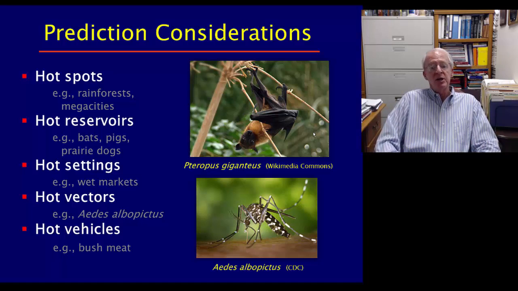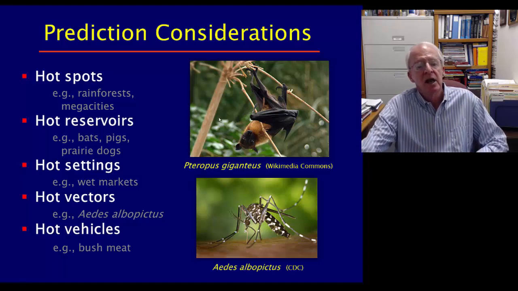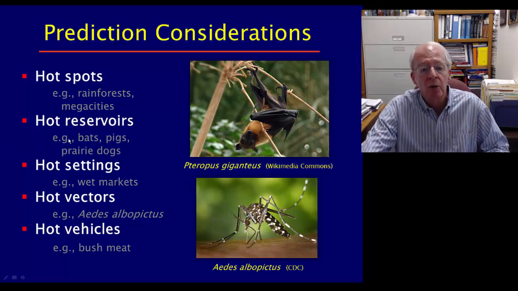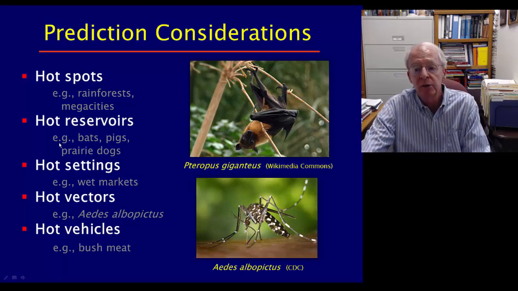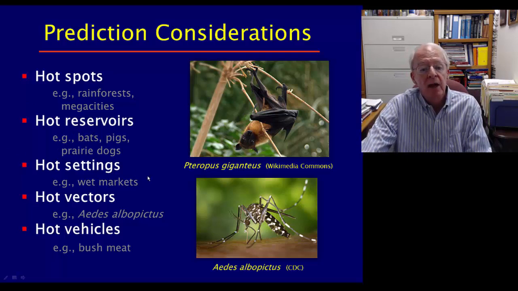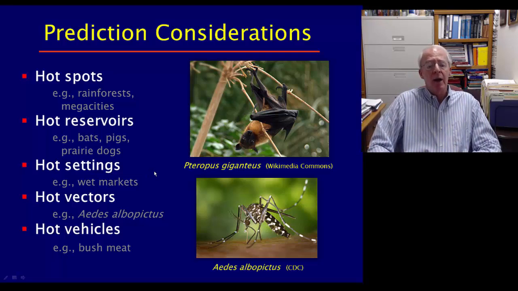Concerns about cross-species transmission lead people to try to make predictions. There are geographic hotspots. Rainforests and megacities in particular come to mind. There are hot animal reservoirs: bats, pigs, and in the US, prairie dogs have played a very important role. They're hot settings, and we've talked about wet markets.